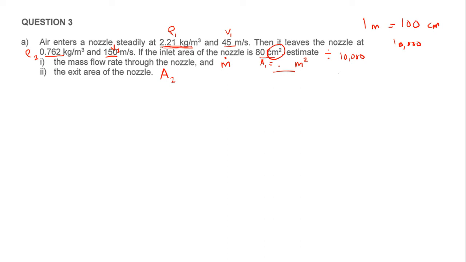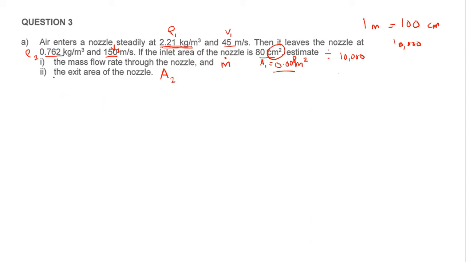So what is the value for the area in meter squared? 0.008. Okay, so you need to be careful in the conversion of this unit. Okay, now we can do the question.